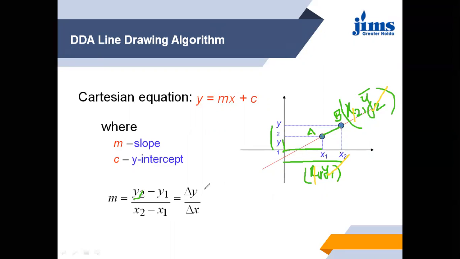On the numerator is the y coordinate, and in the denominator the x coordinate. We also call this delta y by delta x. So we have to find the values of delta x and delta y first. By using these values, we can find the value of m.